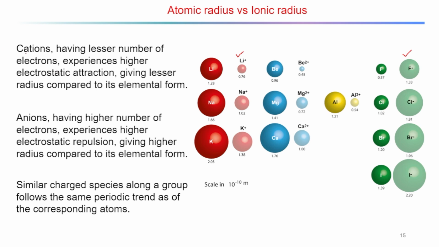Now it is saying that cations have a lesser number of electrons, because we have already removed one or more electrons. In this case we have removed one electron from lithium, sodium and potassium. In sodium we had 11 protons and 11 electrons. Now we have removed one, so we have 11 protons and 10 electrons.